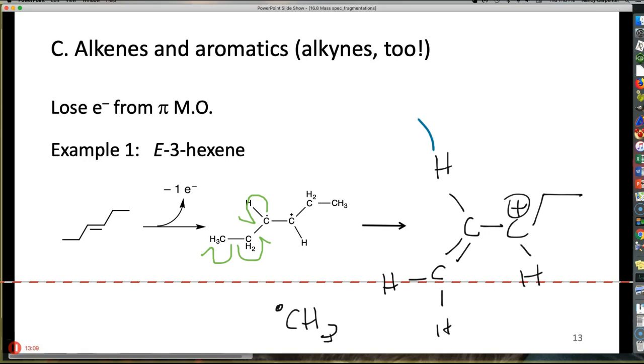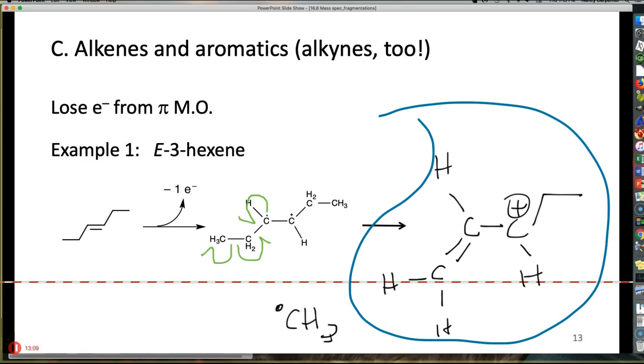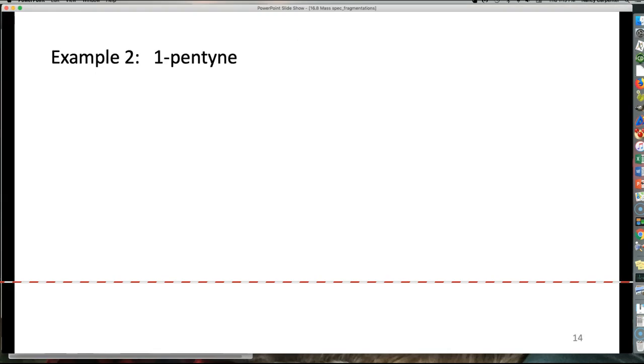So what will be detected? This guy right here. This will not be detected. I will see an M-15 peak. So that's what we'd expect to see for E3 hexene.